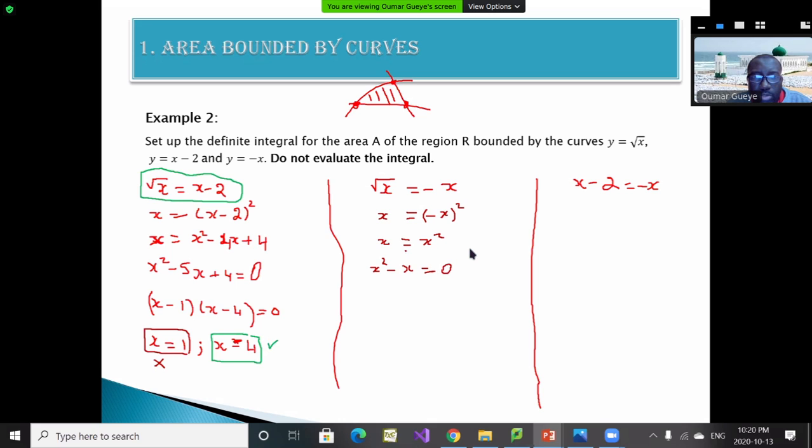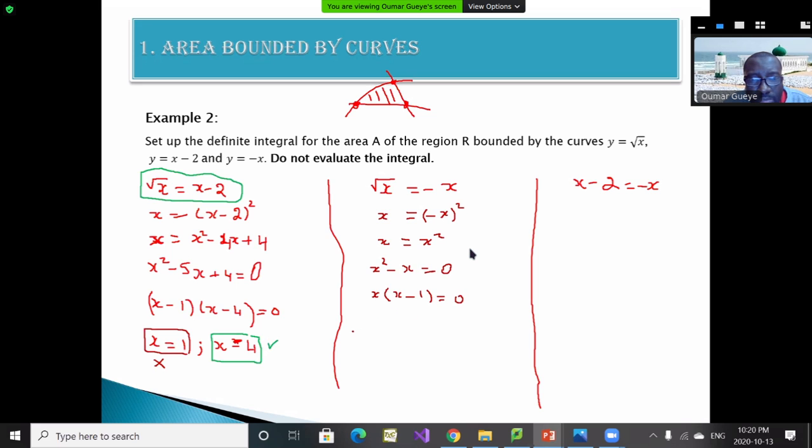Don't simplify here because if you do it, you will miss one solution. Don't simplify from this step, the third line. Don't simplify. So we factor out x, and it's going to be x times x minus 1 equal to 0.